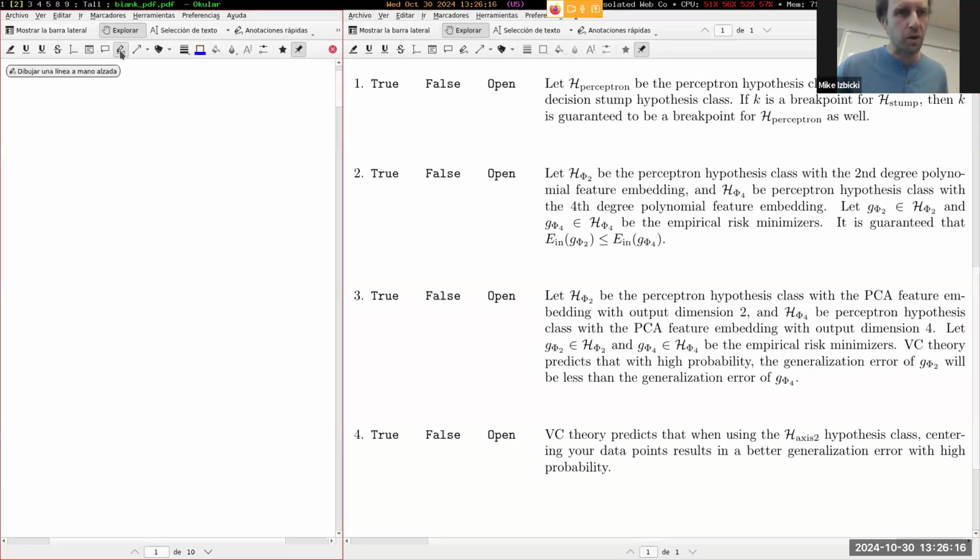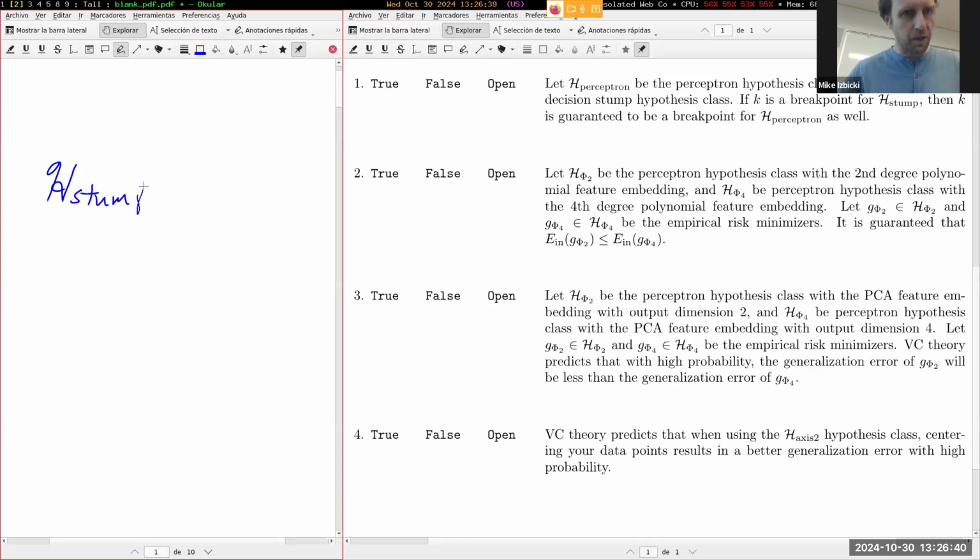as well. The first important thing to observe here, and a trend in most of these problems and many problems from now on, is observing when a hypothesis class is a subset of another hypothesis class. And here we have that, I will write it vertically so we have some more space for other things.